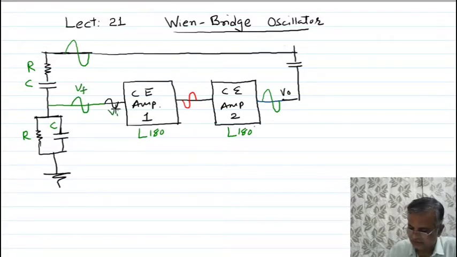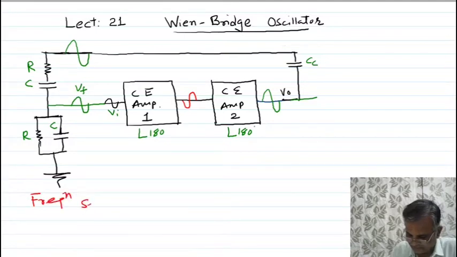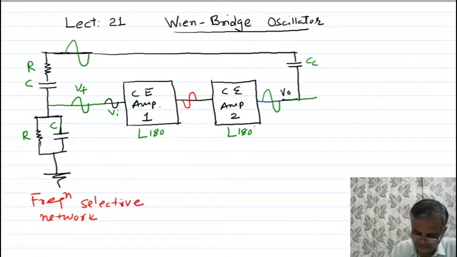This is your input voltage. Again I am saying, the output of the second stage is given back to the input through the frequency selective network consisting of resistor R and C.